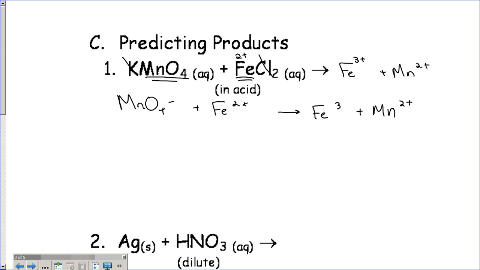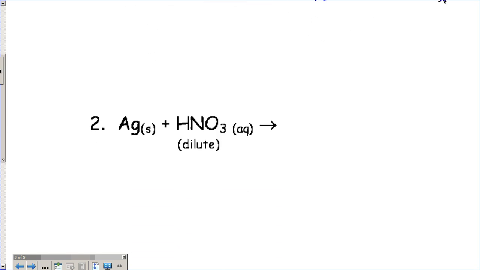It does say that it's occurring in acid, so you would break that into the half reactions and balance in acid. I'll let you do that yourselves, and then you can check with each other. Do take a minute if you want to pause now and balance it, and then check, and then move on, or, once this is through, balance them and check with each other to see that you got the balancing correct.